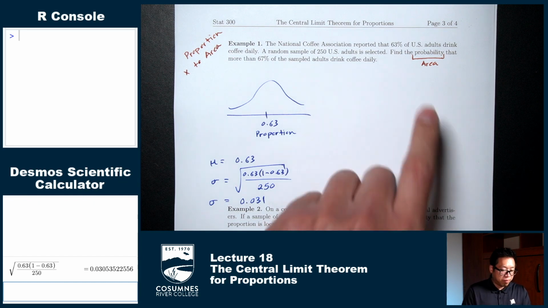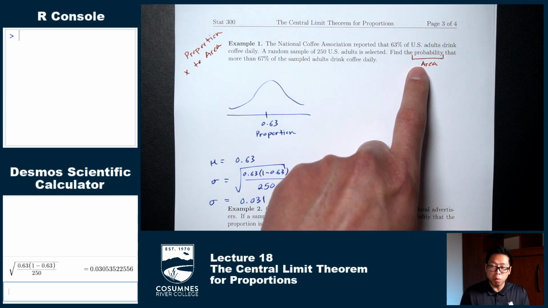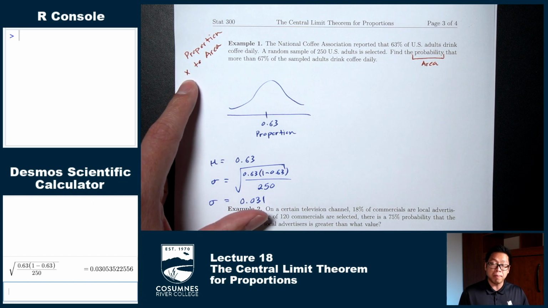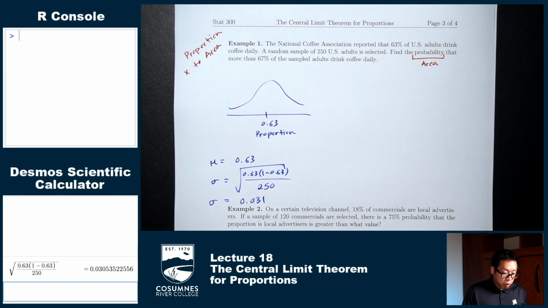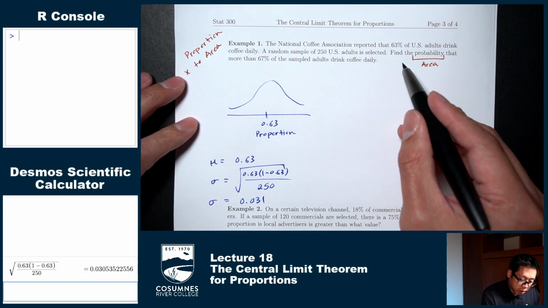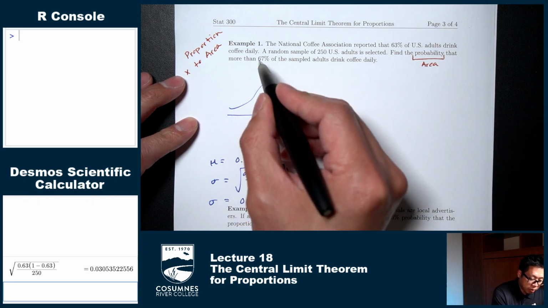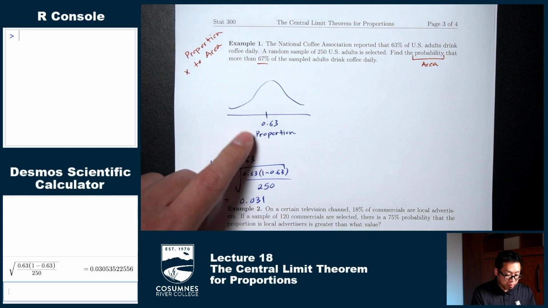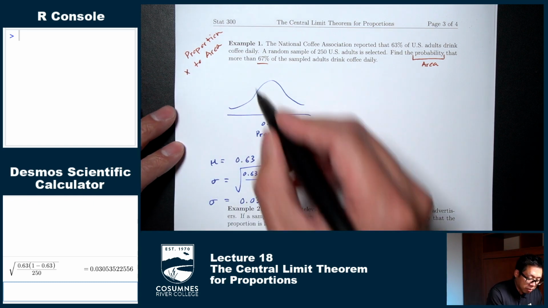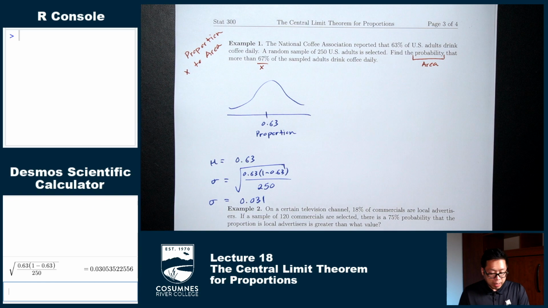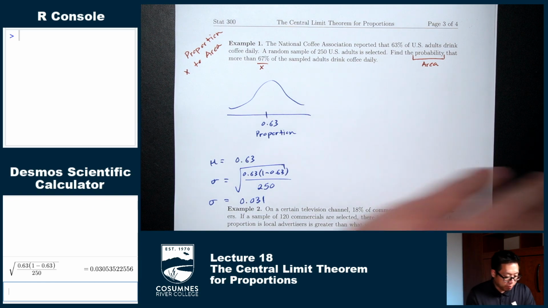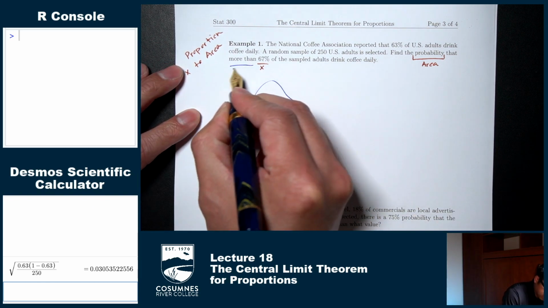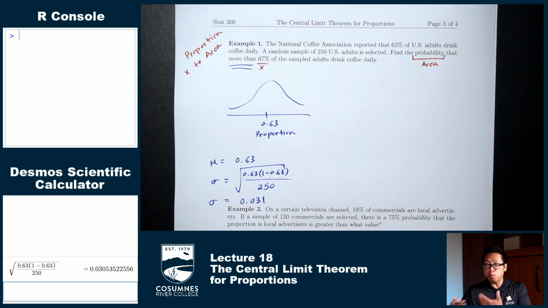So if it says find a probability, find a percent, find a proportion, those are all going to be x to area. So then the next question is, shaded left, right, or shaded between. The rest of the question here says find the probability that more than 67%. 67% is a proportion that goes on the x-axis. So that's our x. And then I see the words more than. More than would be to the right.